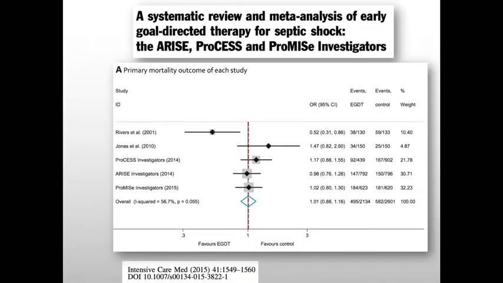And subsequent to the Rivers study, a number of other studies were done looking at goal-directed means of resuscitating patients from sepsis. And to everybody's surprise, it didn't actually show an improvement in mortality.